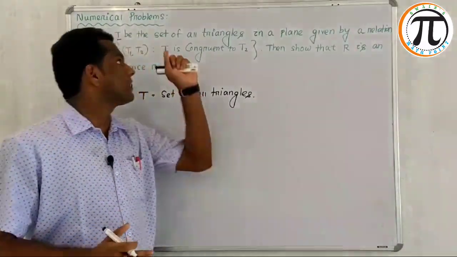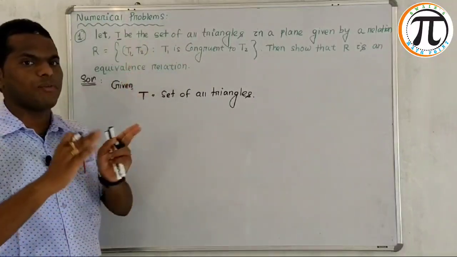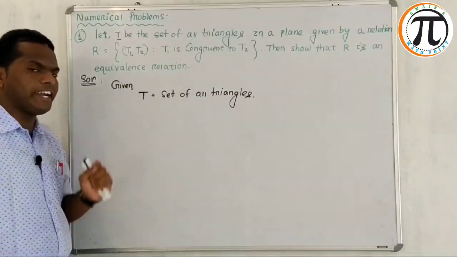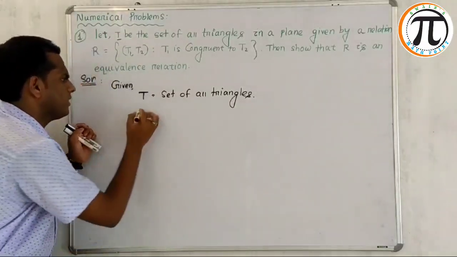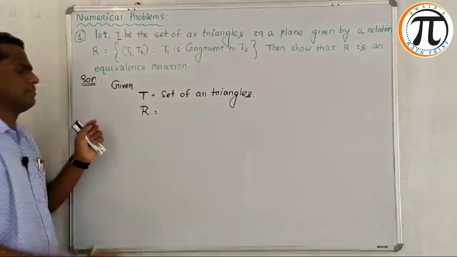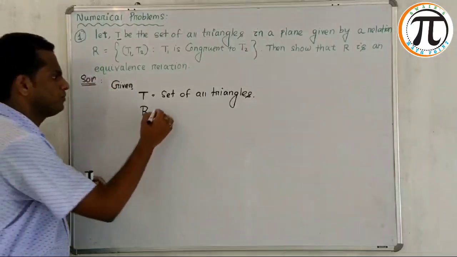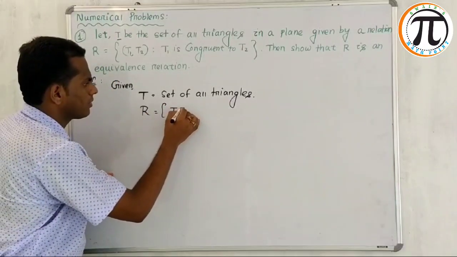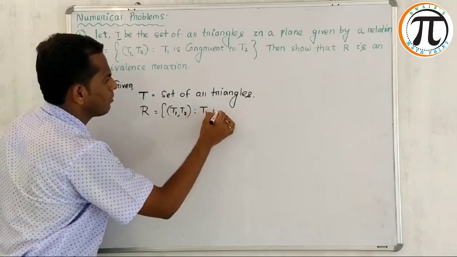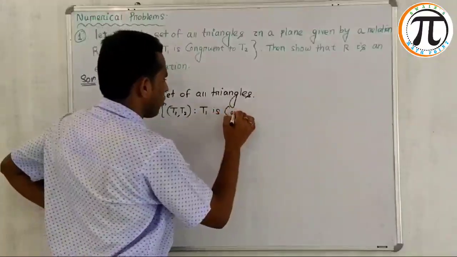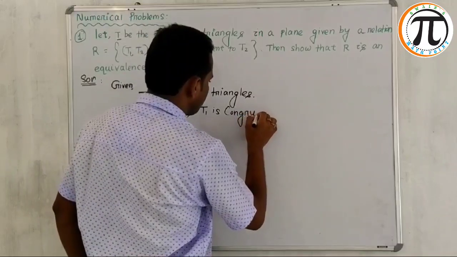Before that, first write the given statement: T is the set of all triangles. Second, write the relation: R equal to T1, T2 such that T1 is congruent to T2.